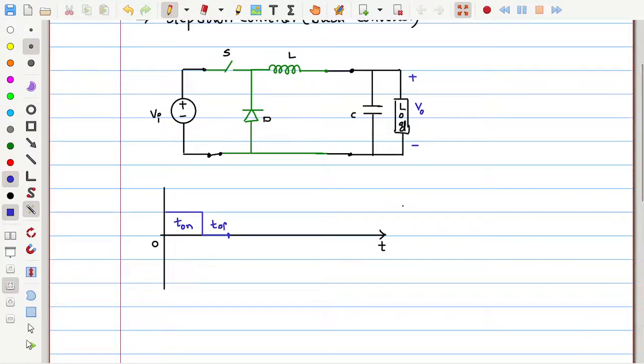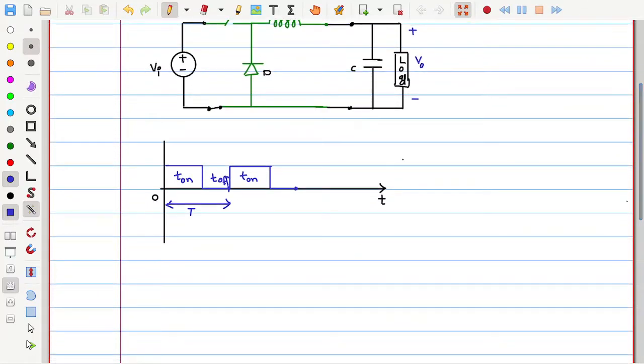This we call the off time. So T on plus T off we call the total time period. Then after this, the same situation will repeat again. So again on time for a certain interval, then off time, like this. It is continuously an on-off kind of situation that can be done with the help of this switch.